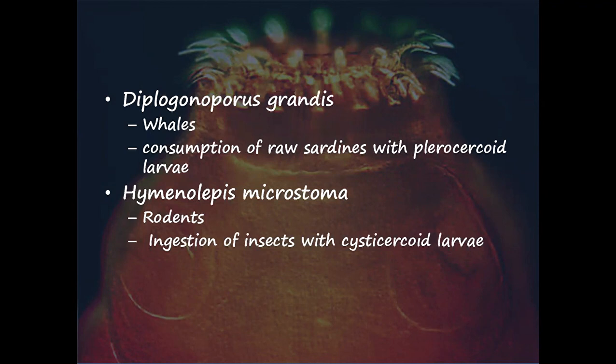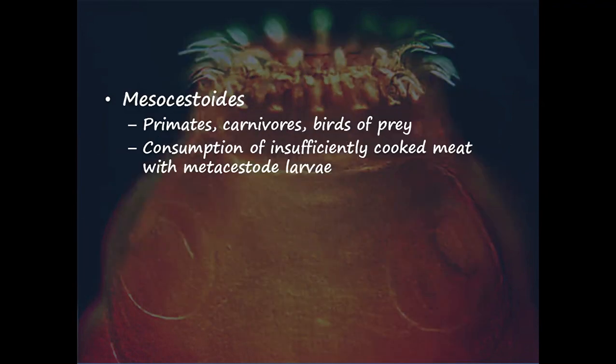Then you have tapeworms in whales, which we acquire by consumption of raw sardines. So if you eat raw sardines with plerocercoid larvae, you can actually harbor this organism, but it's generally a parasite of whales. Then you have Hymenolepis microstoma, again rodents. So you can get infected if you ingest insects which contain cysticercoid larvae, the same as H. diminuta or H. nana. I think that's okay.